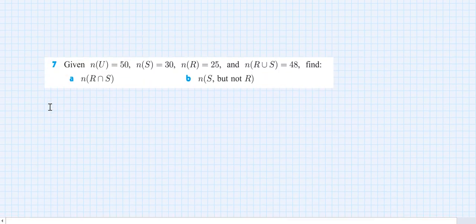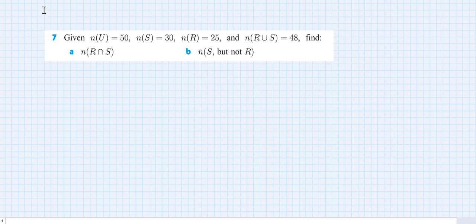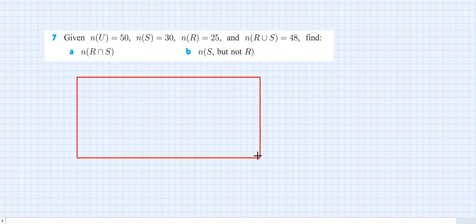Question number 7, what does it say? Now, universal set has 50 elements. I have set S 30 elements, set R 25 elements, their union 48. Now, a lot of statements. Let's try to picture it. Let's draw the universal set as a rectangle, and I have 2 sets, and let me use circles for them.